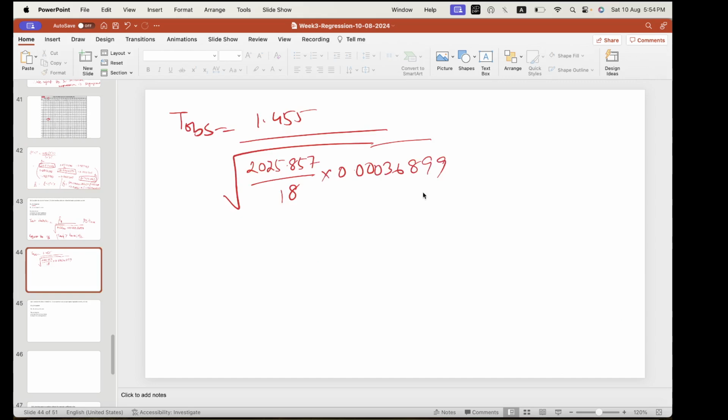So let us calculate 1.455 divided by the square root of 2025.857 into 0.000036899 divided by 18.